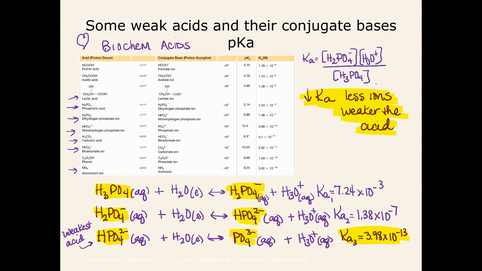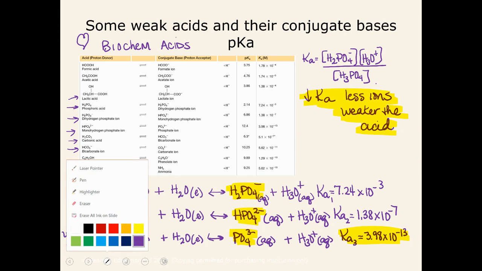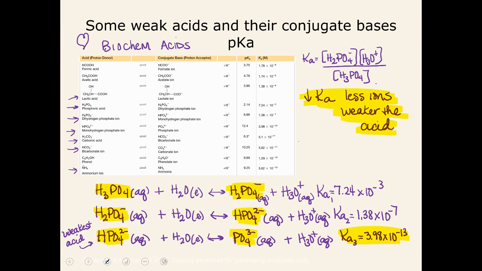Talking about Ka1, 7.2 times 10 to the negative 3, that's hard to reference. So instead, we talk about something that you absolutely need to know, which is called a pKa, which is the negative log of the Ka.